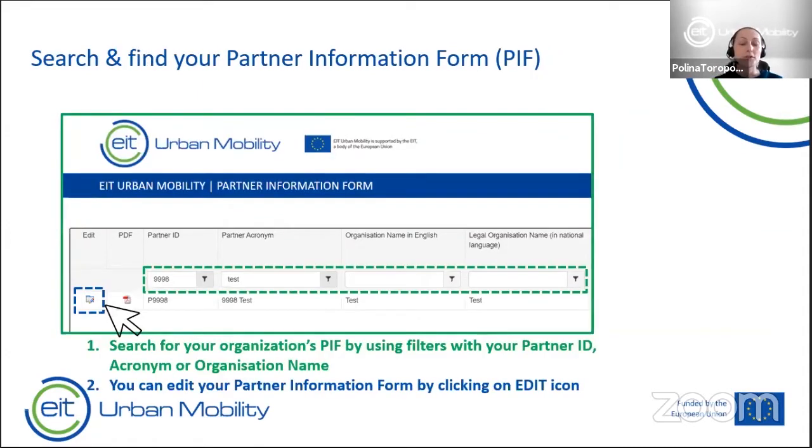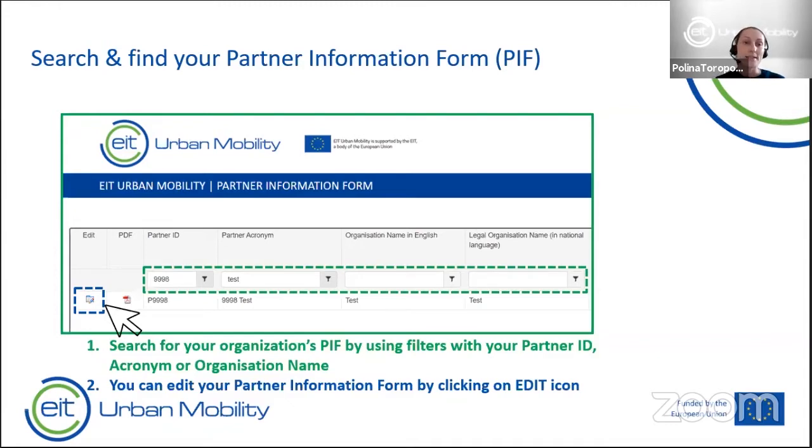And then you can find your organization in the list of all the registered organizations by using different filters. Now, if this is the first time you are trying to look up your organization, you probably will not know your partner ID. So I highly recommend looking up by the organization name in English or the legal organization name.